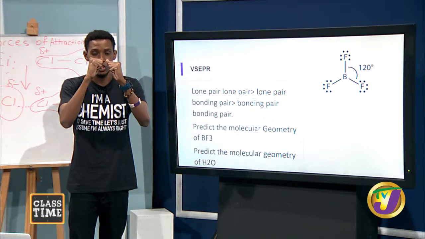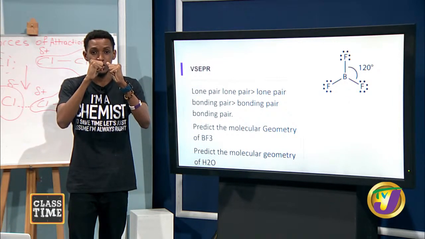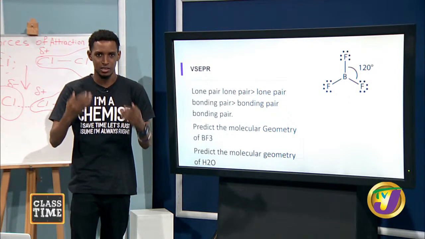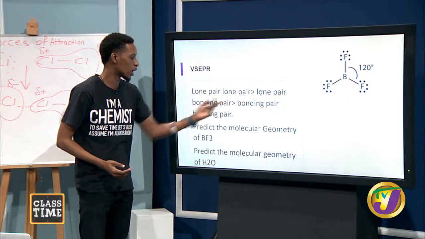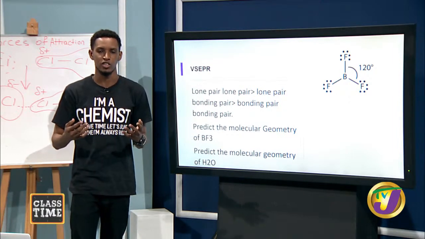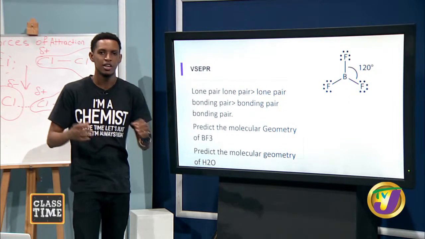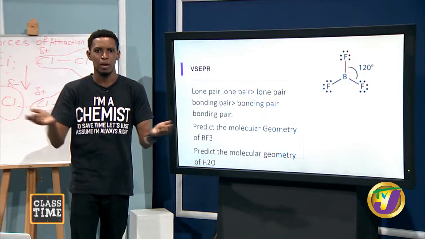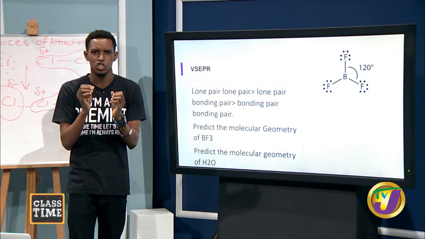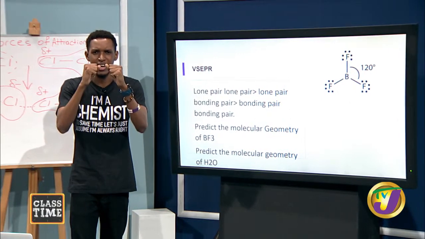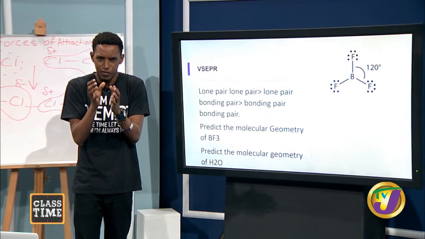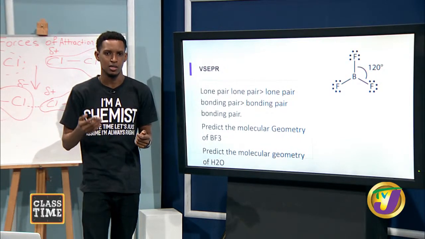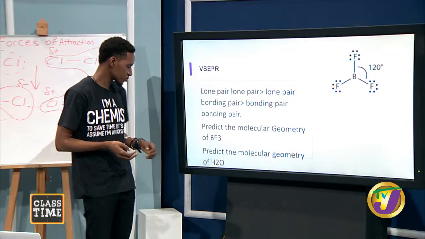If you have 2 lone pairs of electrons next to each other, that would repel each other to a greater extent than 2 bonding pairs would repel each other. And that's because in the bonding pair, the electrons are dispersed, distributed throughout that bond. So it's not concentrated in a specific location like a lone pair. A lone pair is fixed in that position, right? It's not as dispersed as a bonding pair.